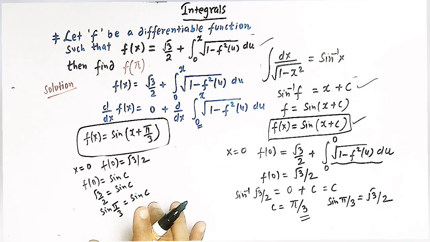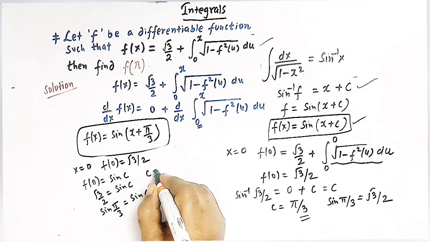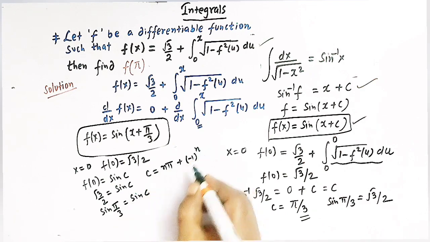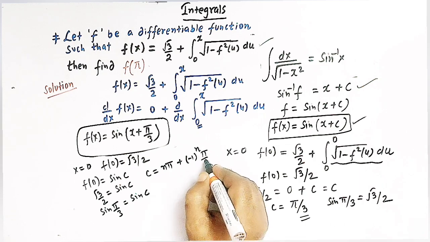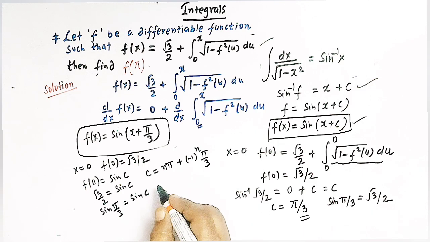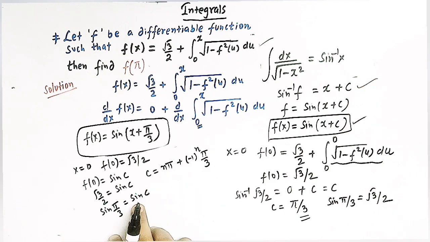So if we use the concept of general solution of this trigonometric equation, then we can write c is equal to n pi plus minus 1 raised to n, and here we have pi over 3. So if we have to find some other values of c, then we can also make use of the general solution of this trigonometric equation.